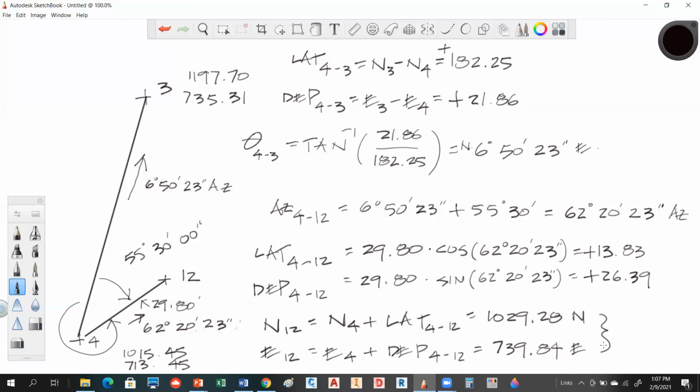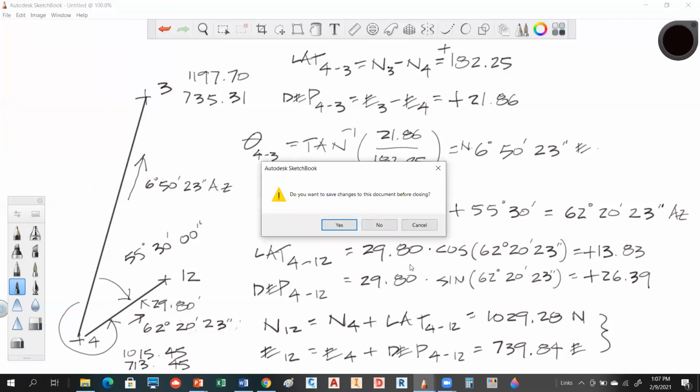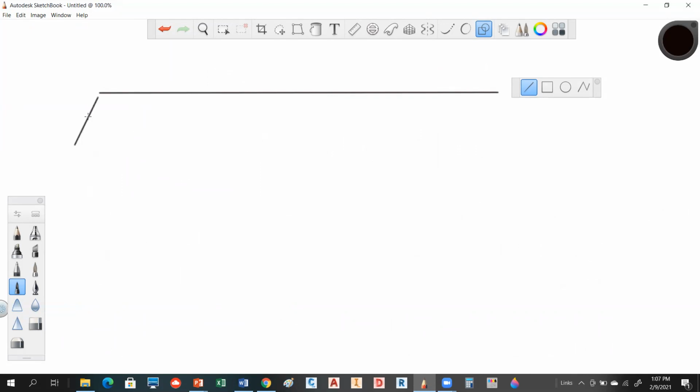So I gave you another problem, and I'll just draw it real quick, and we'll see if anybody got an answer. It had a station 1 and a station 2 point, and a property corner over here and another property corner over here.